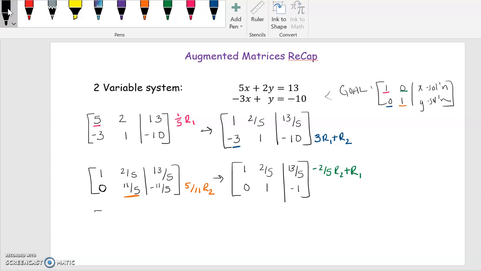All right, so let's see what we have for a resulting matrix. So we have the 0 and the 1 in the second row, and we have a -1. Now if we look up on the top row, if I take 0 times -2/5, I'm still going to get 0. Added to 1 is going to leave me with a 1.